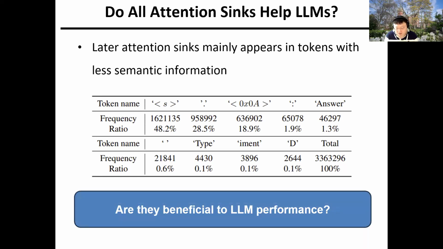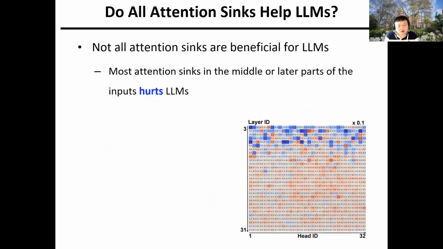So to answer this question, we perform an ablation study and find that not all attention sinks are beneficial for LLMs. Actually, most attention sinks in the middle or later parts of the input hurt the LLM's performance.